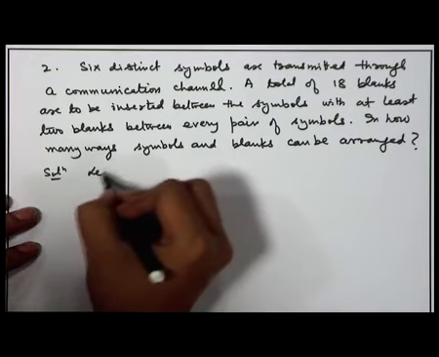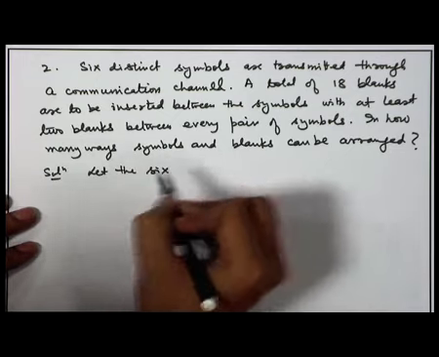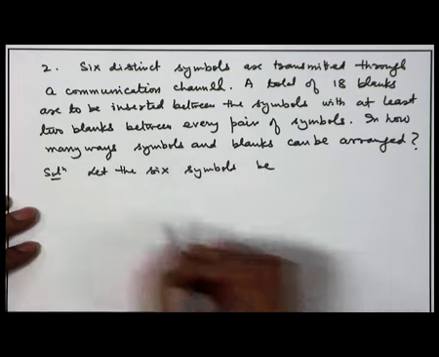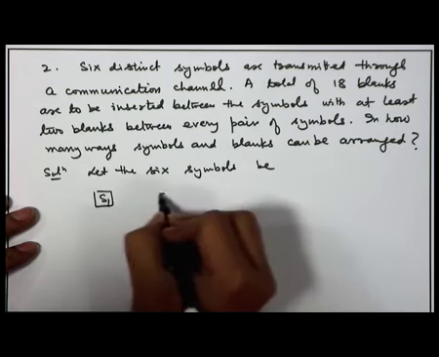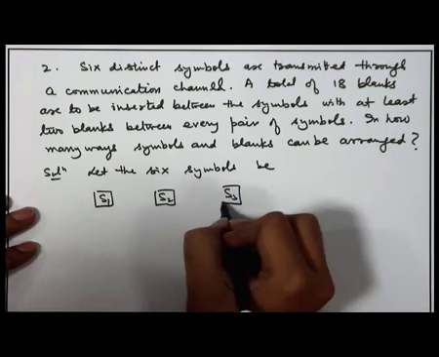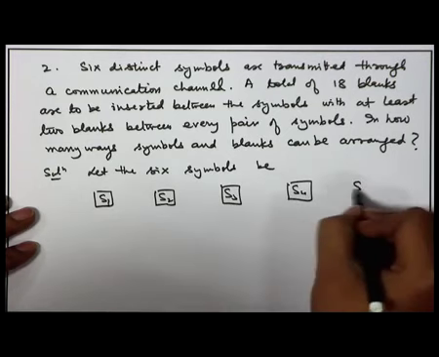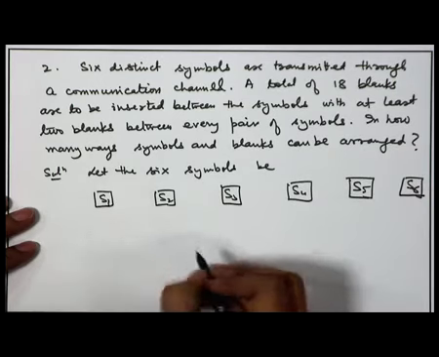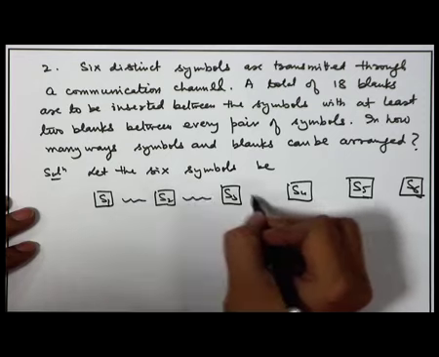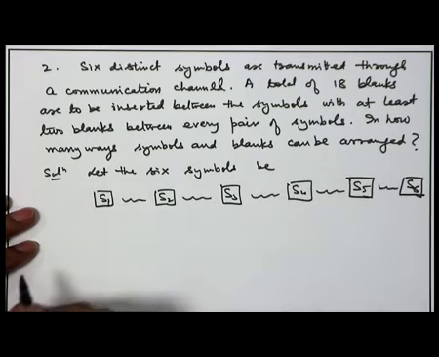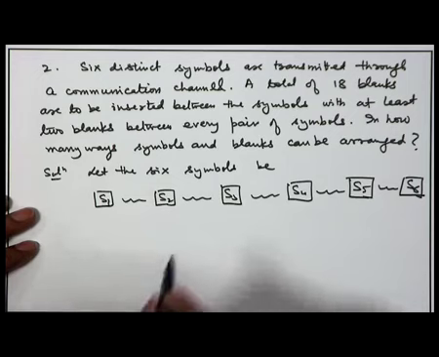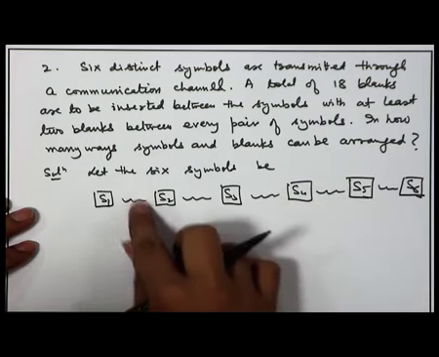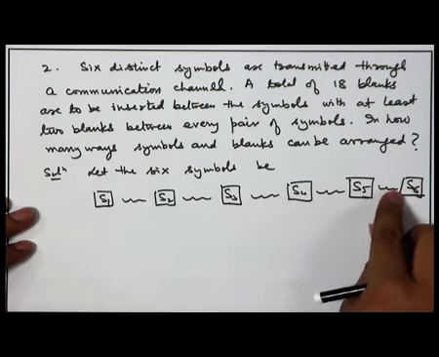So, let the 6 symbols be S 1, S 2, S 3, S 4, S 5 and S 6. These blanks have to be inserted necessarily between the symbols only. So, between the symbols you have 5 places.